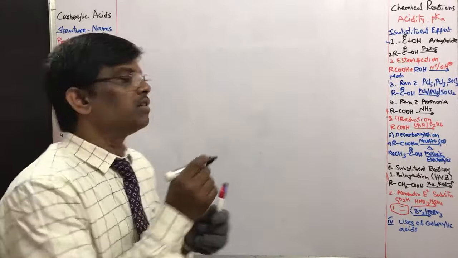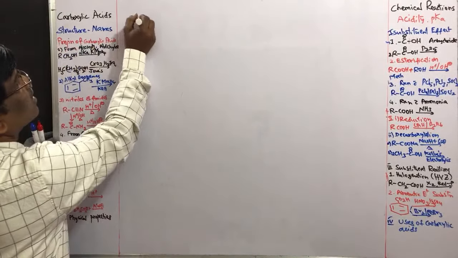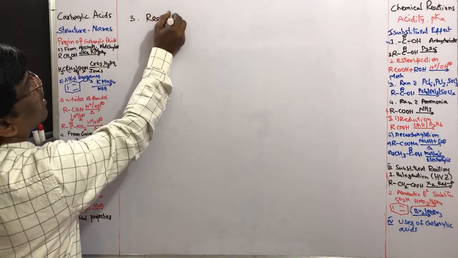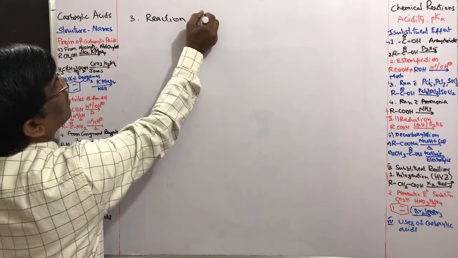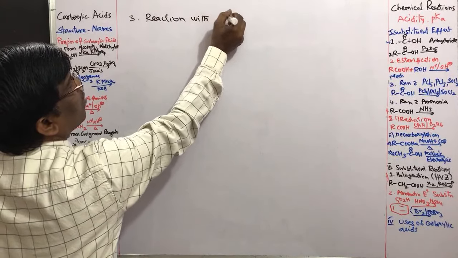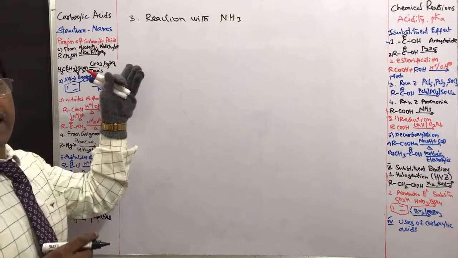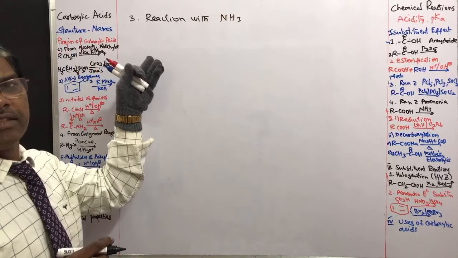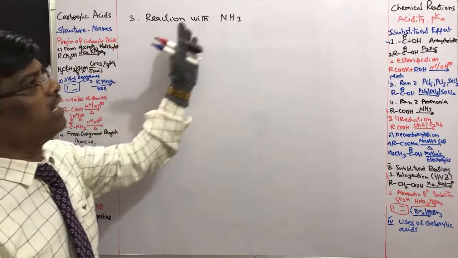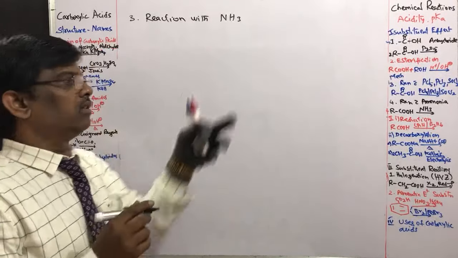Yes, students. Next, reaction with ammonia. Ammonia is a base and this is an acid. What is going to form? It is going to form first a salt, then it is going to form amide.